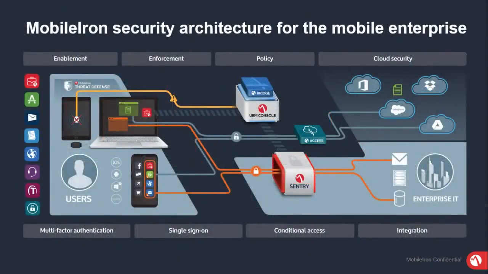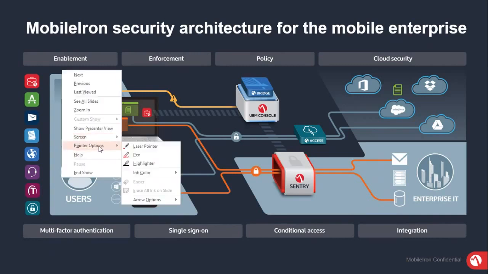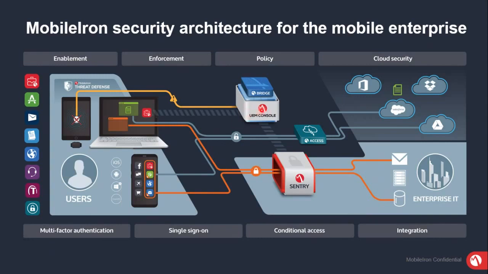This is the basic architecture of MobileIron. We have two servers in the DMZ: one is the UEM console and the other is the Sentry. The UEM console is the heart of the solution, used to manage devices, policies, configuration, and everything with respect to the operating system of mobile devices.